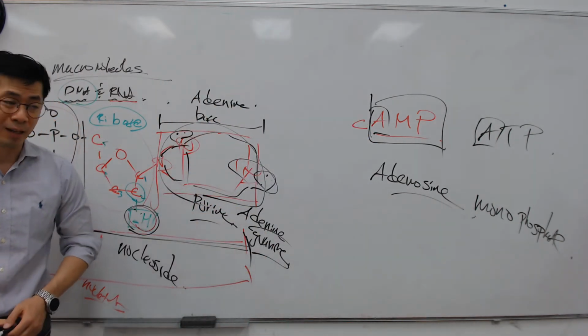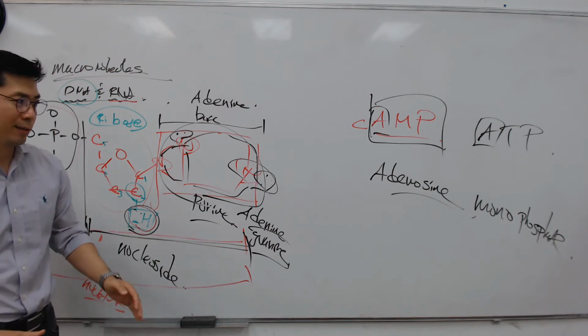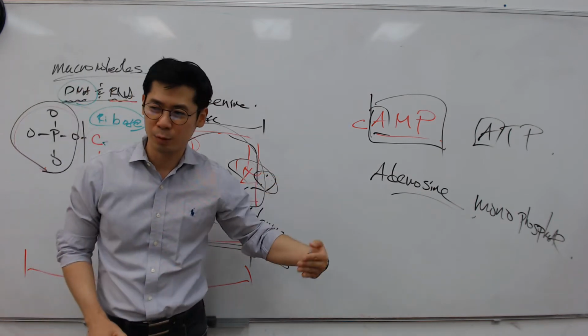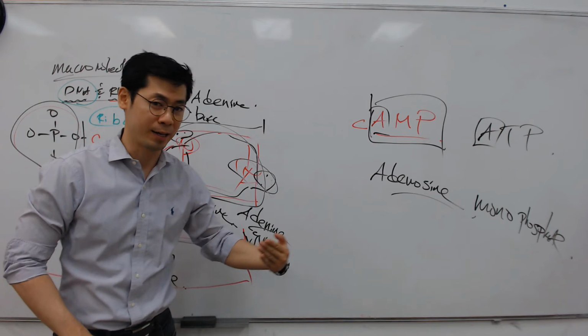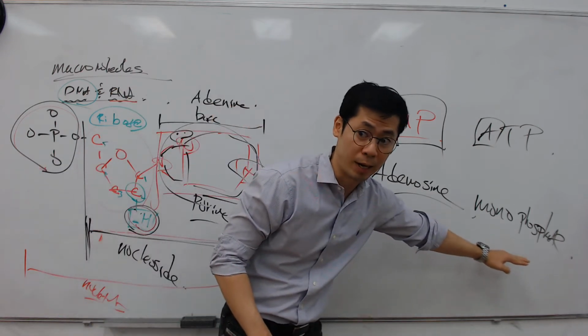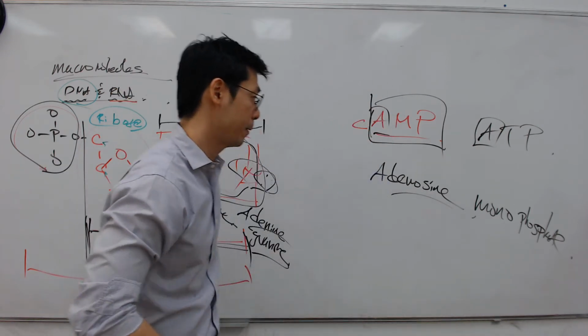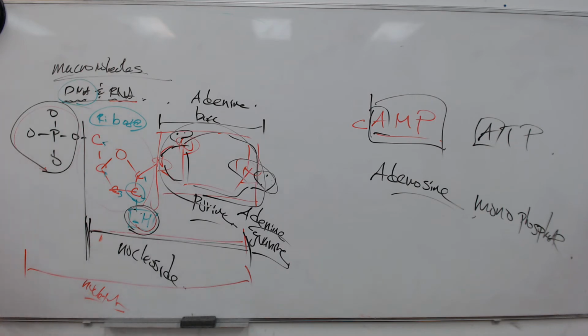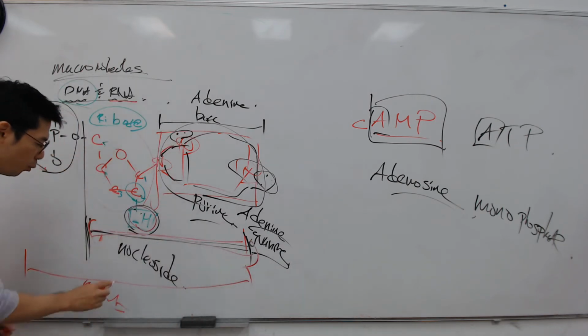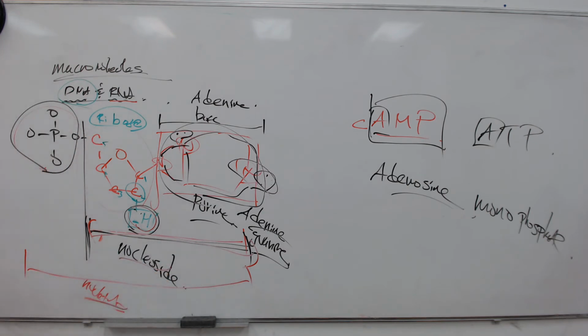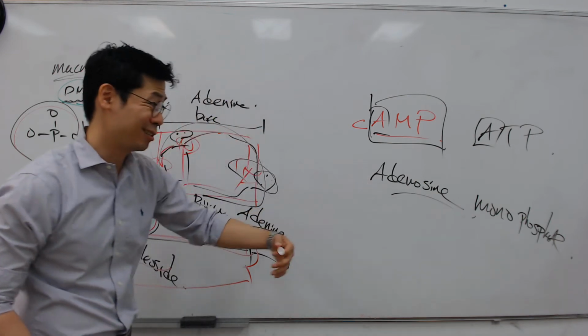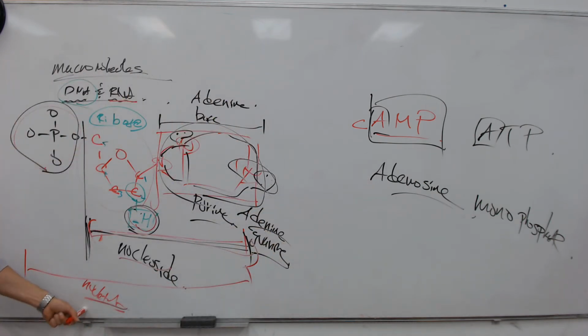And the other ones, like the pyrimidines, have a little weird name, like uridine monophosphate. So those are the names for the adenosine. These are more generic terms, and adenosine monophosphate is a nucleotide. You see that, guys?